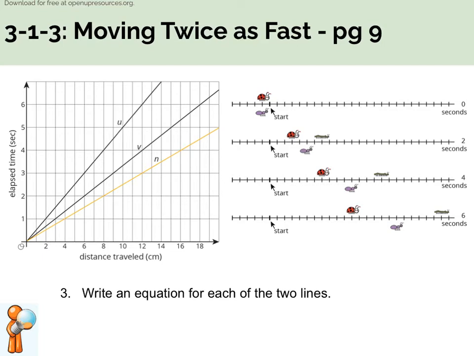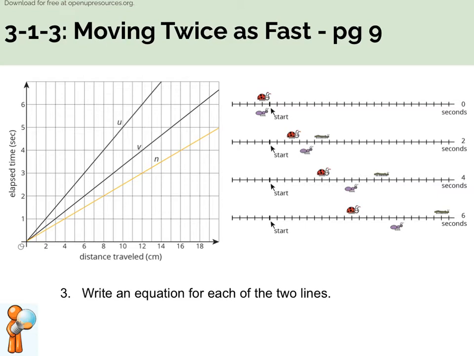So what we want to do is we want to go from here and we want to write an equation for each of the lines. And the way that we do that is, remember, we are using a constant rate of change or a proportional rate. So we did that on Friday. We're talking about proportional relationships.